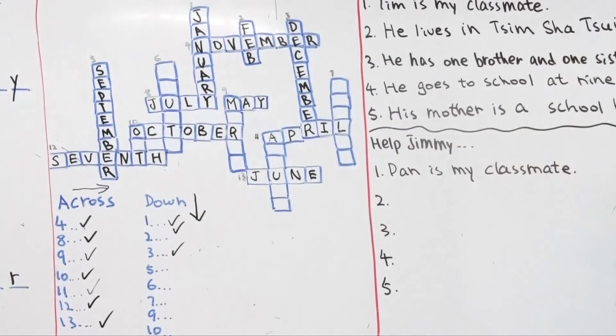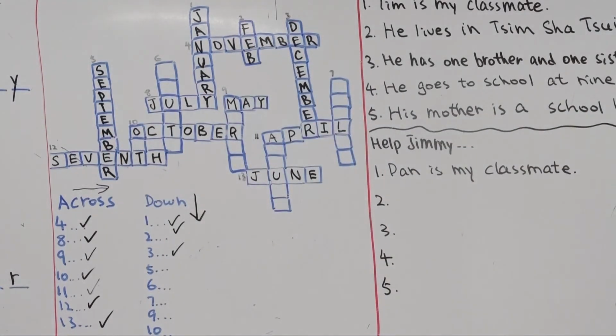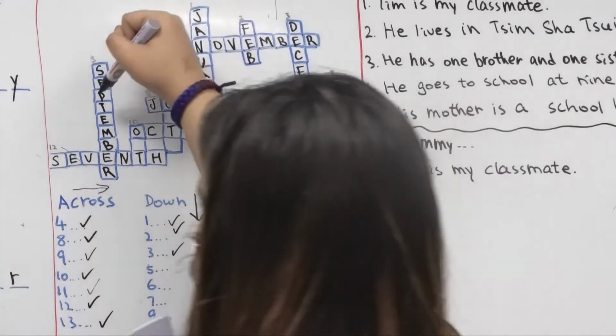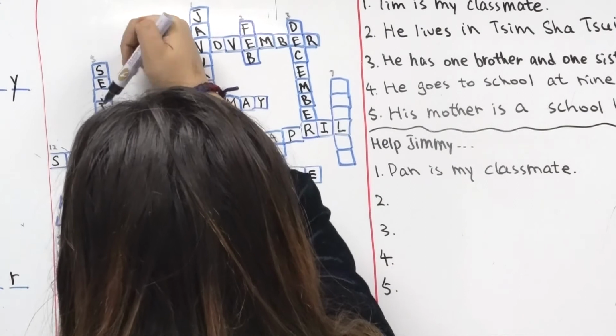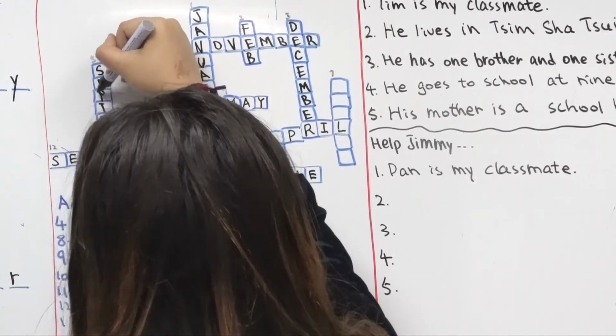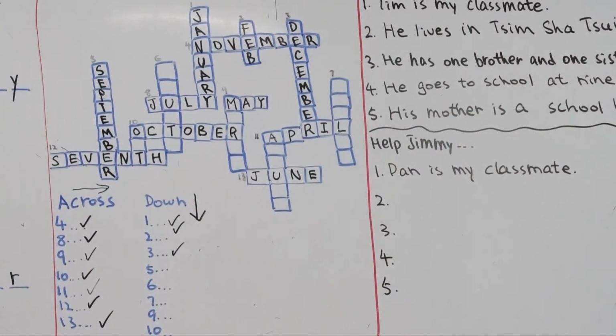S-E-P-T-E-M-B-E-R. September. This is P, remember. Okay, P, not D. Let me write it properly so you don't get confused. Alright, this looks like P now.